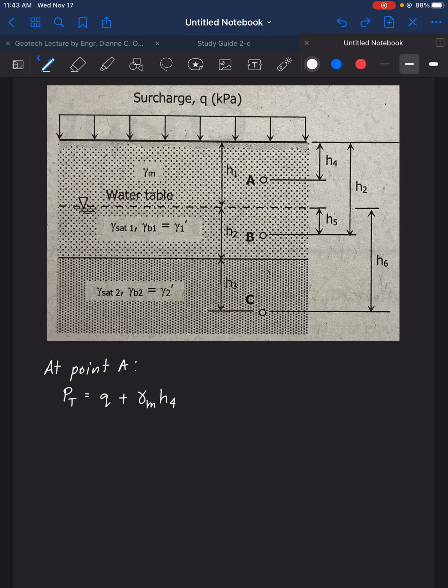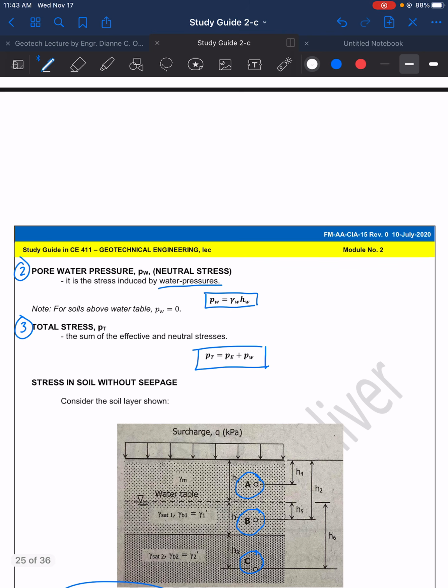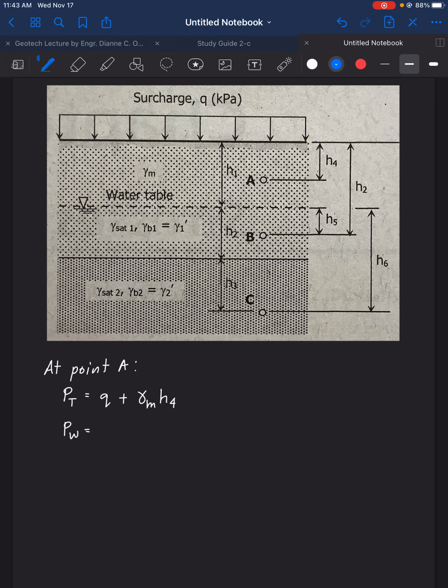So next, we have the neutral stress or the pore water pressure, PW. What is mentioned a while ago is that the PW for soils above water table is equal to 0, because what we are considering here is the submerged part of the soil.